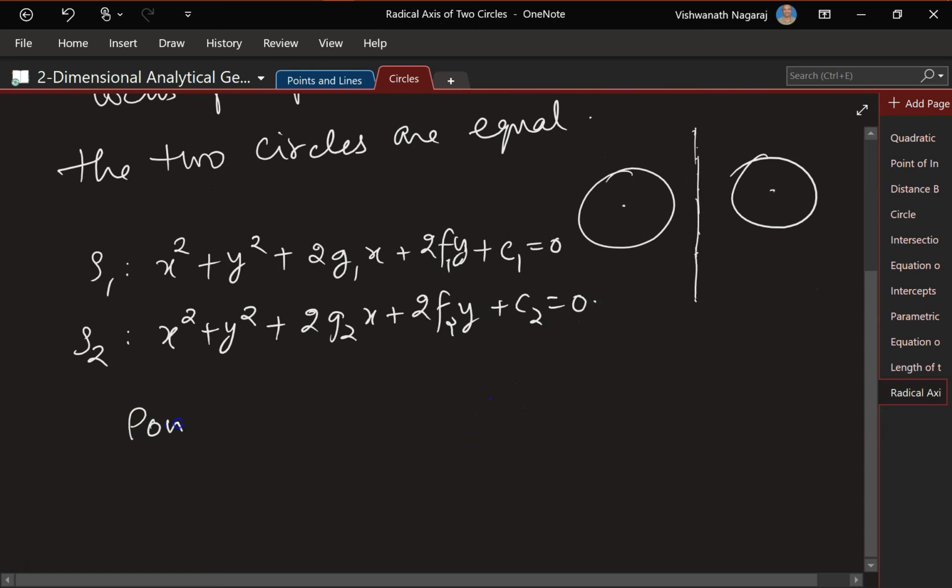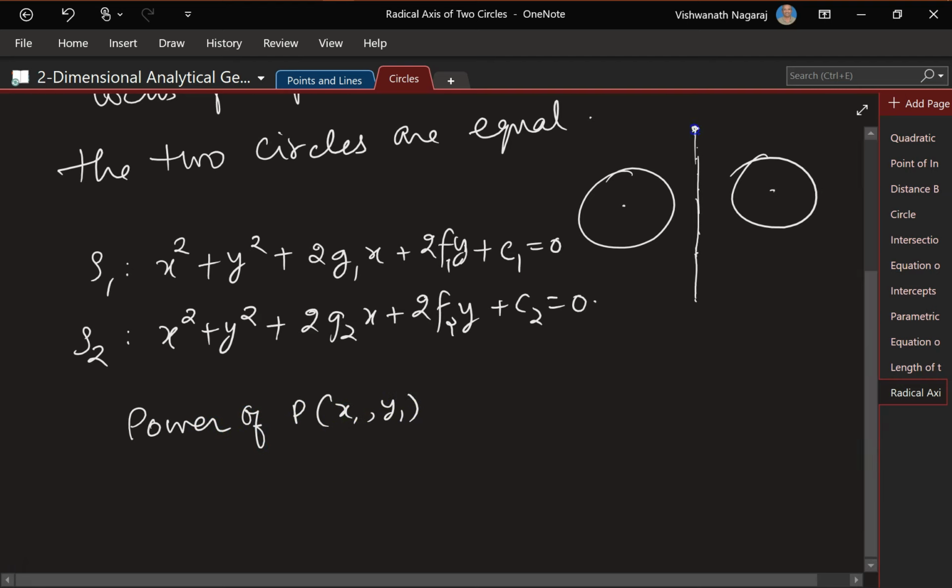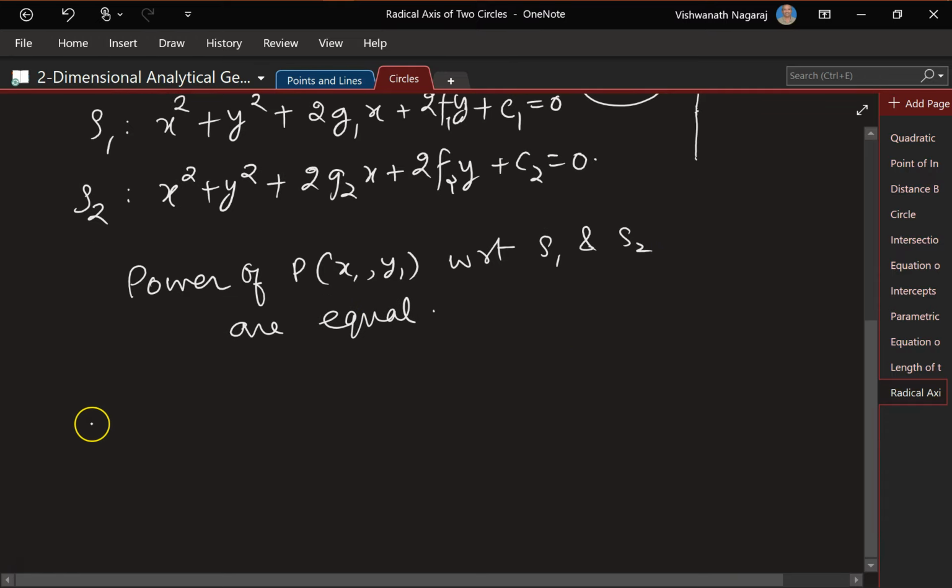Now the power of a point, let's say this is P(x1, y1), with respect to S1 and S2 are equal by definition. Here we have to substitute x and y with x1 and y1.